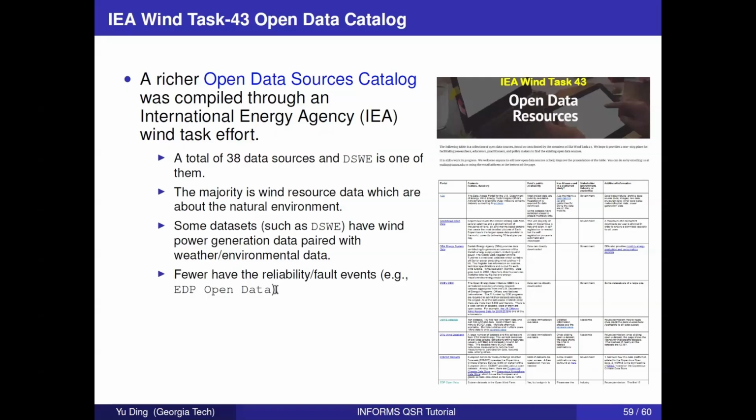They have other environmental measurements, but they don't really have wind power production. So you have your X, but you don't have your Y. Some of the data has both X and Y. DSWE is one of them, but there are not that many that have both X and Y. That's why I think DSWE is a pretty valuable resource for anyone who wants to do this kind of research.